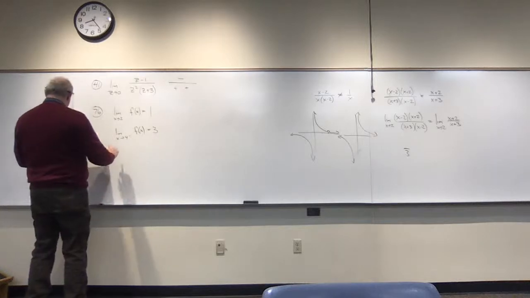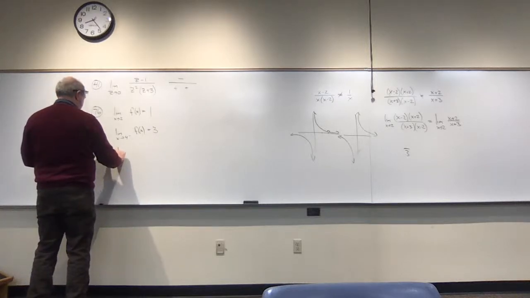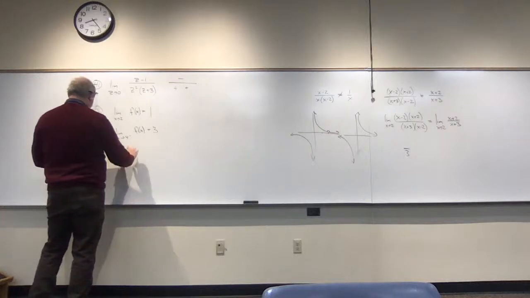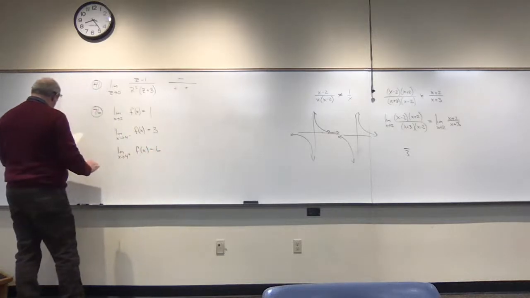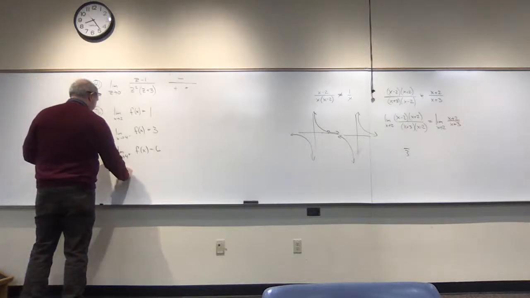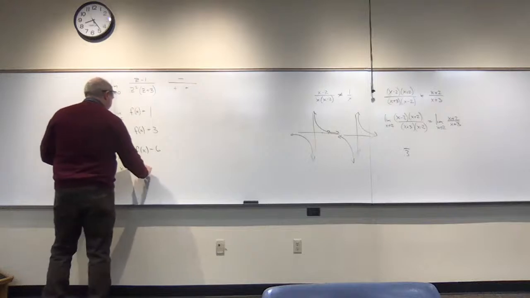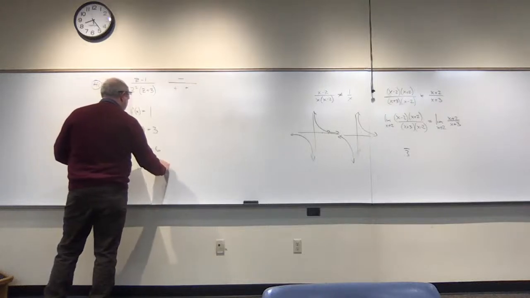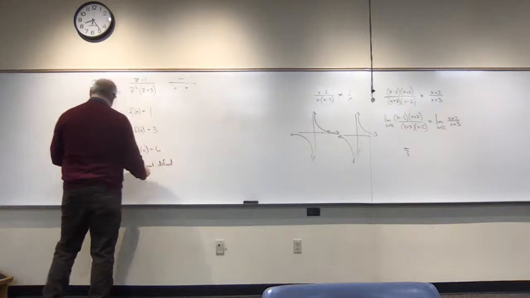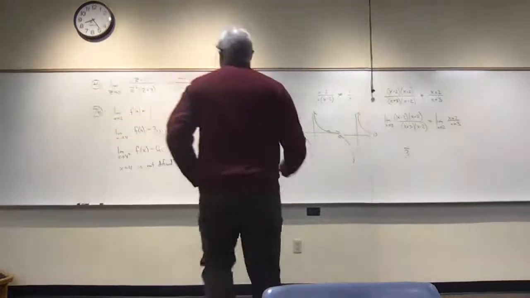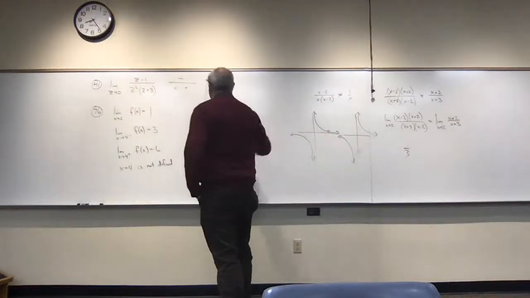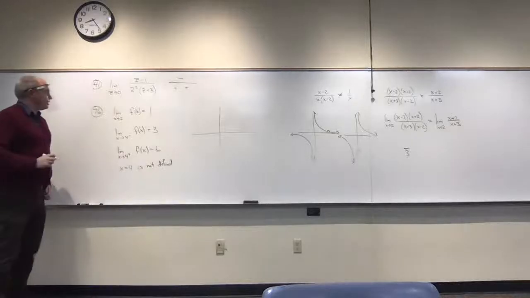We've got that the limit as x goes to 4 from the right of f of x is equal to 6. And we've got x equals 4 is not defined. Okay. So we just need to draw a function that has all these things.